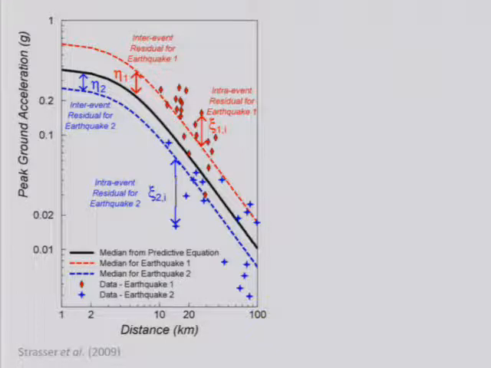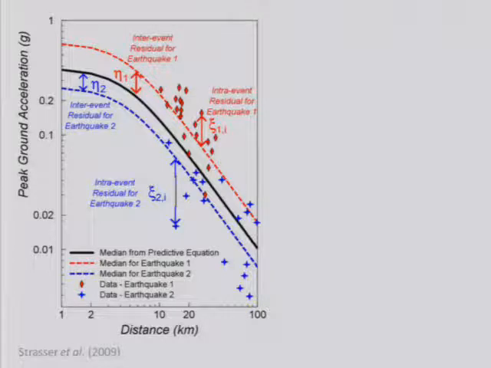And there's what we call an event term or an inter-event residual, eta 1, which is how far the average ground motions in that event were from the median. In other words, this was a high stress drop or a highly energetic event. Similarly, the blue stars or crosses are from another event. They have a lower median and a negative eta 2, showing that it was a less than average event in terms of energy or stress drop.